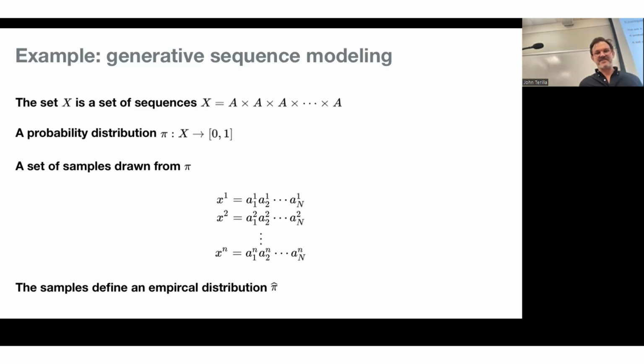That'll be a function that gives each sequence its probability of occurring. Typically you might draw a set of samples from that probability distribution. The samples that you draw won't define the probability distribution, but they'll define some empirical distribution, which you could think of as pi hat. And then you want to specify a model class and try and find the distribution that's closest to pi hat.